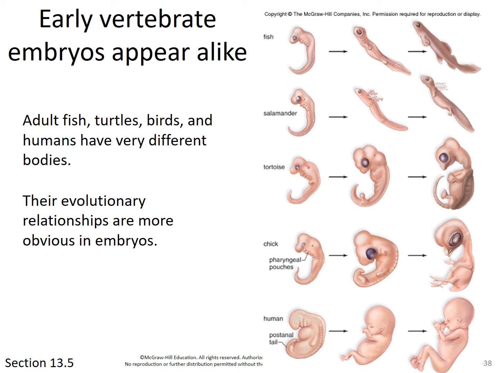The evolutionary relationships between these organisms, humans, chicks, tortoises, salamanders, and fish, are much more apparent in the embryos. So earlier on, you're going to see much more similarities. But there's a saying in evolutionary biology that ontogeny recapitulates phylogeny, meaning that form follows evolution.